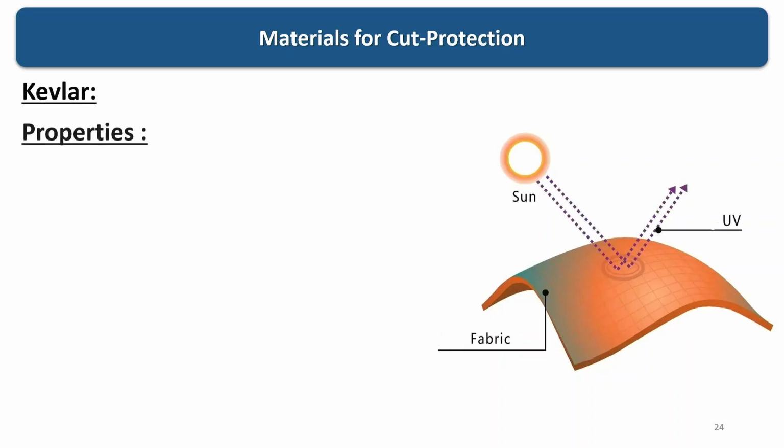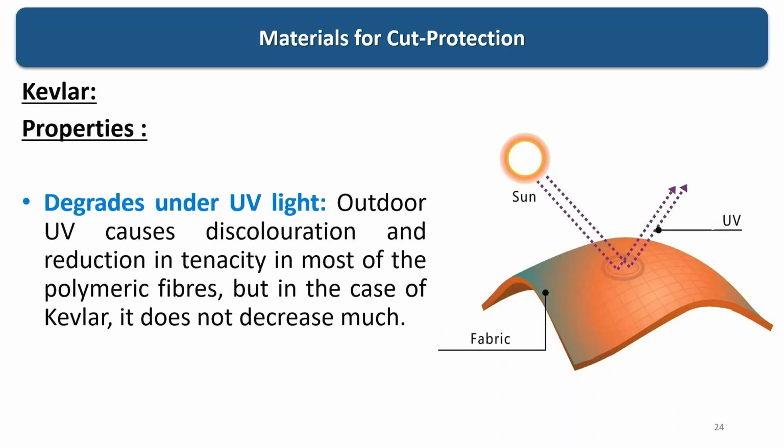And it degrades under UV light. That is a little bit of a problem with the para-aramid. Outdoor UV causes discoloration and reduction in tensile strength in most polymeric fibers, but in case of Kevlar it does not decrease much.